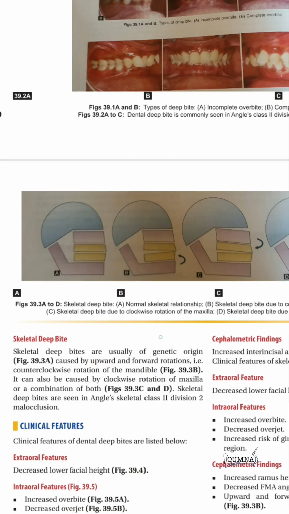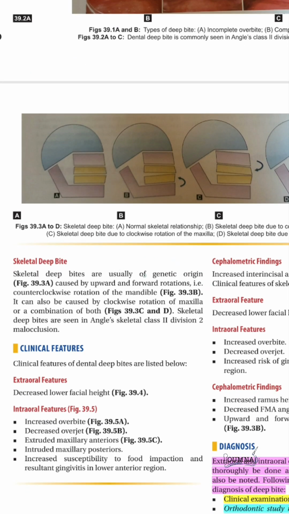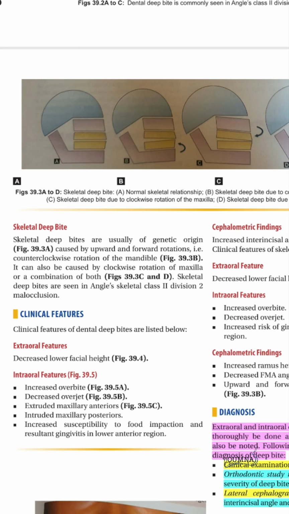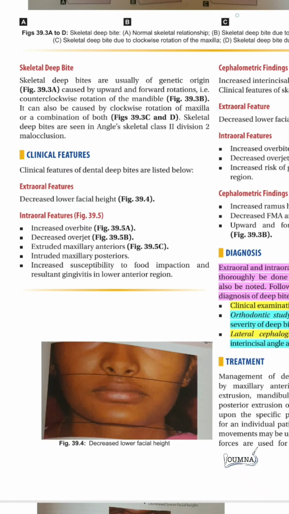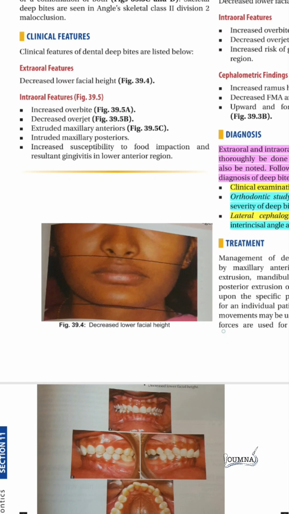It can be due to skeletal genetic origin, where there is an upward and forward rotation of the mandible in the counterclockwise rotation. It can also be caused by a clockwise rotation of the maxilla or a combination of both. It causes a decrease in the lower facial height.